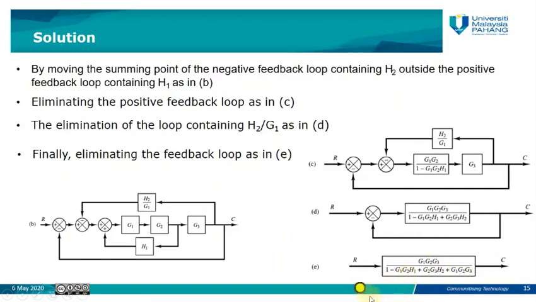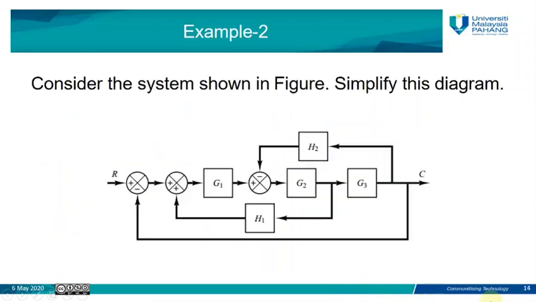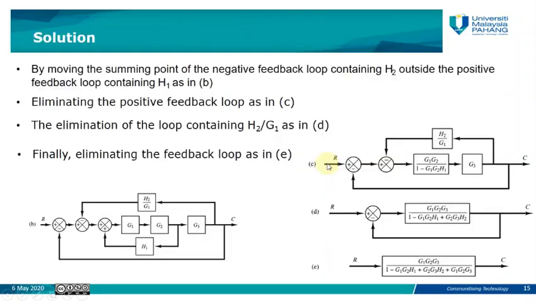As we can see here, this is how we simplify the complicated control system with multiple subsystems G1, G2, G3 and multiple feedbacks H1, H2 into a single block with a single transfer function, which is G1, G2, G3 over 1 minus G1, G2, H1, G2, G3, H2, and G1, G2, G3.